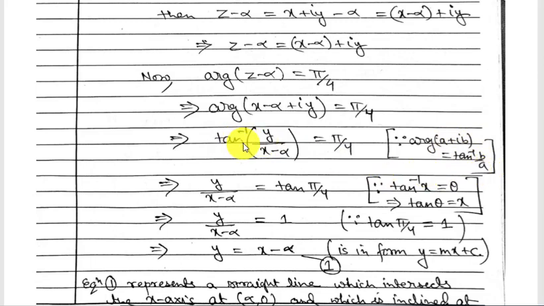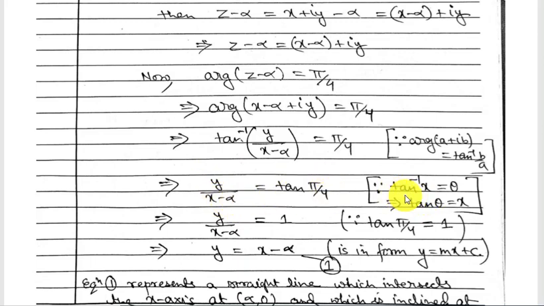So that's why tan inverse y upon x minus alpha is equal to pi by 4. Next, this tan will go to the right side. So when it goes, the minus 1 power, the inverse, will be removed. So we get y upon x minus alpha equal to tan pi by 4.